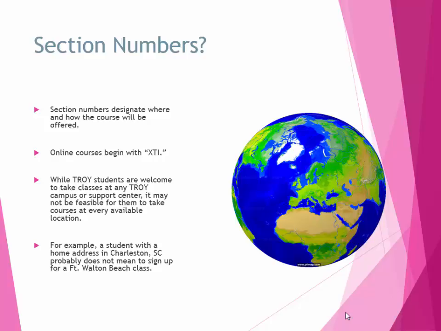So just be aware that if the student is suddenly taking Montgomery courses, they may or may not mean to do that. They may live in Montgomery or they may live somewhere else. So you just want to check with them. And, you know, there are situations where I've had students who have a home address in Florida, but they're going to be in Texas for an extended period of time so they can take Texas classes or what have you.